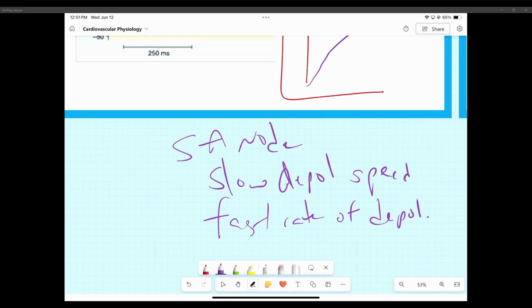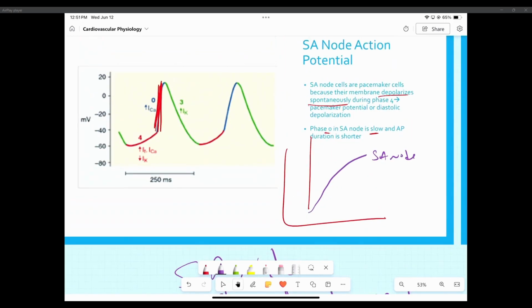If the SA node fails, the next one that has the higher depolarization rate is the AV node. So then the AV node takes over your heart rate. If that fails, then your ventricles take over and your heart rate gets really low. And we'll go through that in a second. It's called the hierarchy of pacemakers. So that's the SA node.